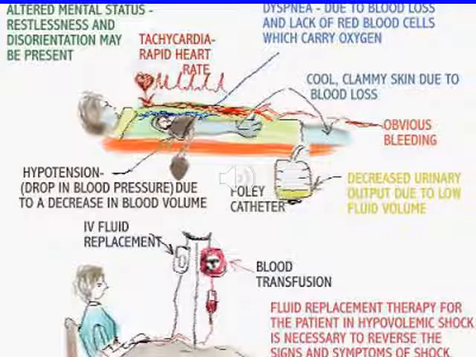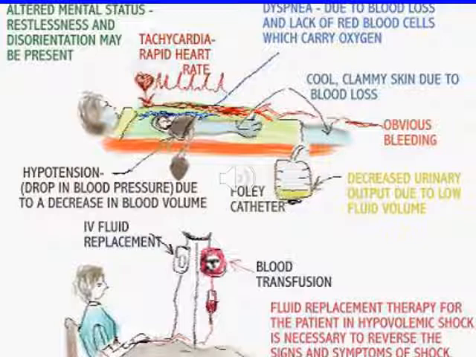Sometimes we will have obvious external cause of bleeding, like penetrating stabs in the femoral area or in the chest or in the abdomen. And hypotension, drop in the blood pressure, and this is due to decreased amount of the circulating volume.